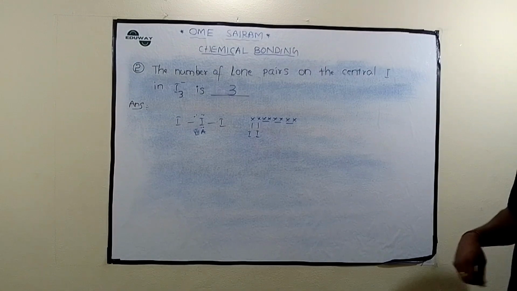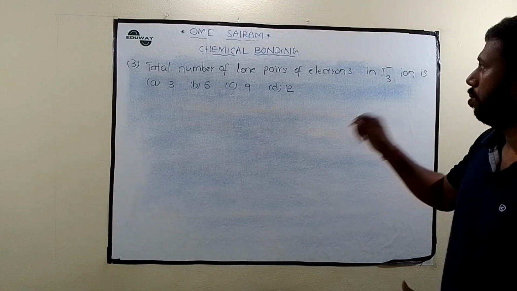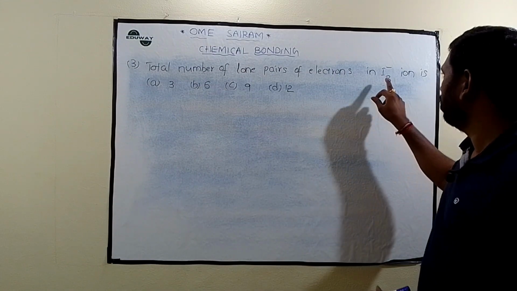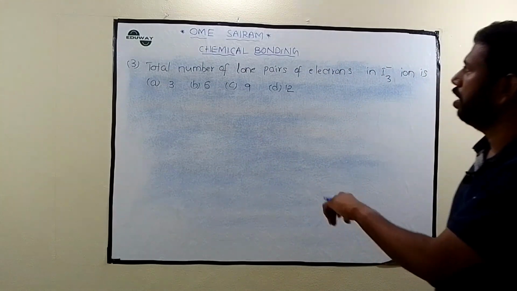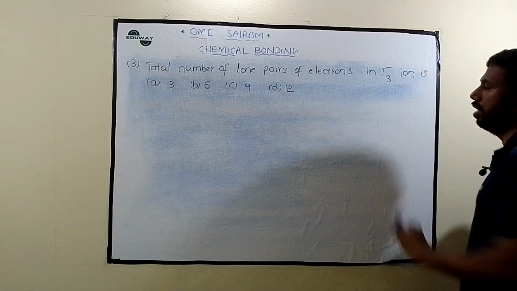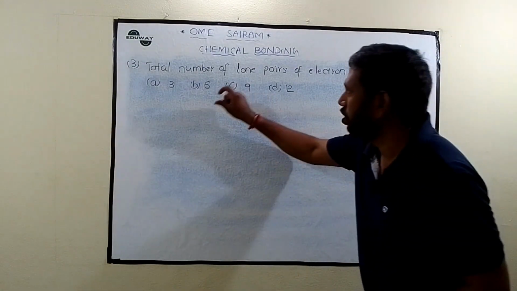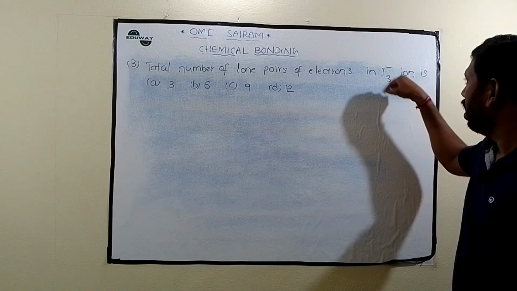Okay. Now the third question. Total number of lone pairs of electrons in the I3 minus ion is. The previous question asked for the lone pairs on only the central iodine atom. But in this question, he is asking for the total number of lone pairs in the I3 minus ion.